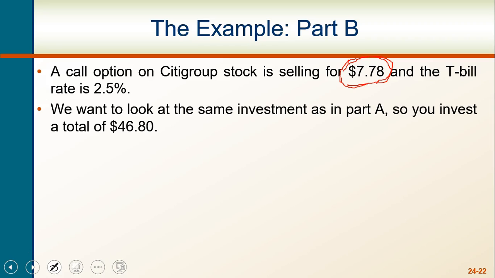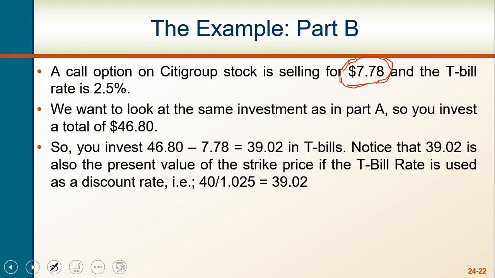If we want to keep the total investment in this strategy also $46.80, and we know that one part of this strategy is going to cost us $39.02, what would be the price of the call option? It would be $7.78, as we have seen before.